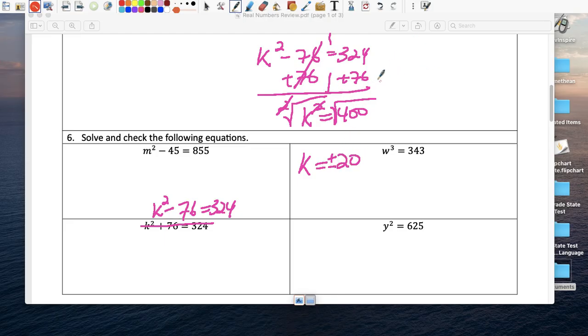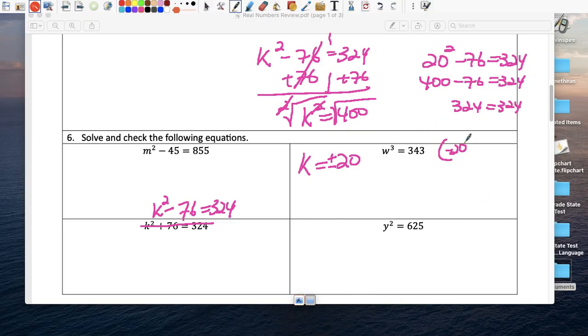Do a check. Let's do positive 20. So positive 20 squared minus 76 equals 324. 400 minus 76 equals 324, and you know that works out. Let's do a check with negative 20. So negative 20, put it in parentheses. Please do not write it without parentheses, because if you do, I have to take a point away.